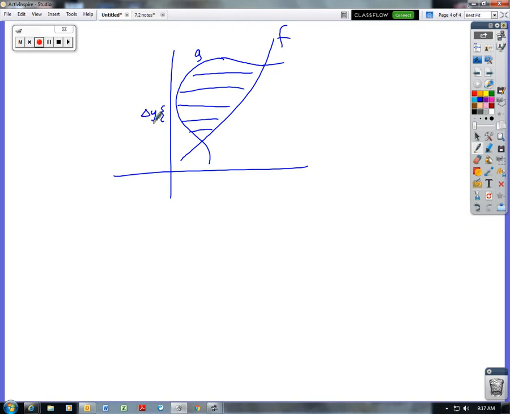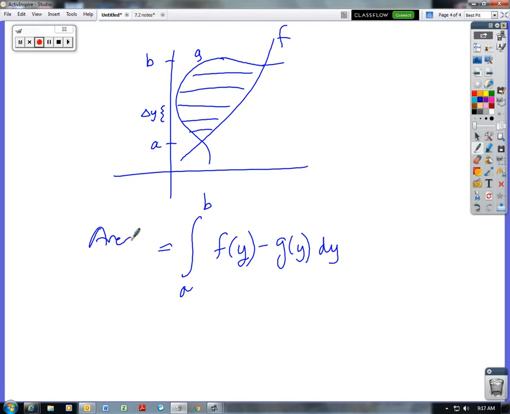So you can integrate with respect to y from A to B. And by the way, you do the right-hand curve minus the left-hand curve. So it's going to be the integral of f of y minus g of y dy from A to B. That's going to give you the area. So this one is the right, this one is the left, and this one is from the bottom to the top.